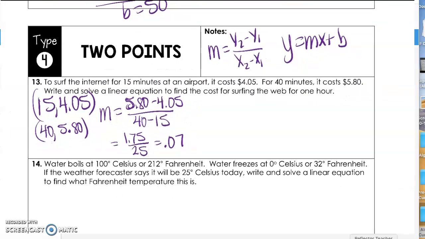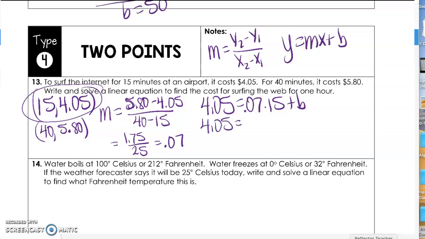So then if we write our equation, I'm going to use this smaller one. 4.05 is equal to 0.07 times 15 plus b. So we get 4.05 equals 1.05 plus b, minus 1.05, so we get b is equal to 3.